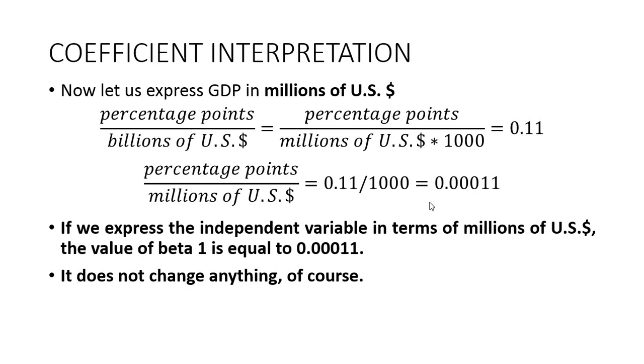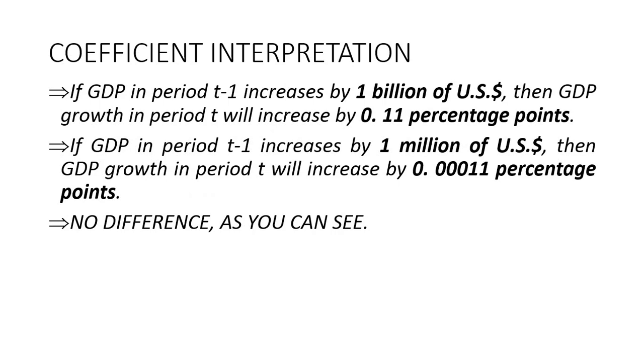Again, you can easily detect it from this formula. So in this case, instead of 0.11, beta 1 will be equal to 0.00011. Of course, it does not change anything in terms of the functional relationship between GDP in period t minus 1 and GDP growth in period t.